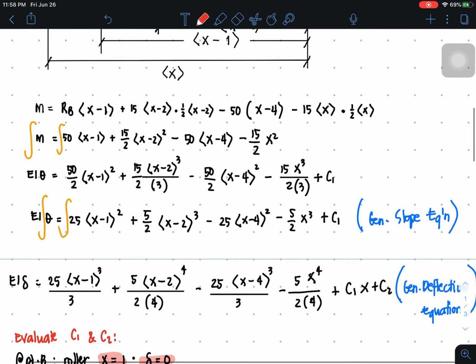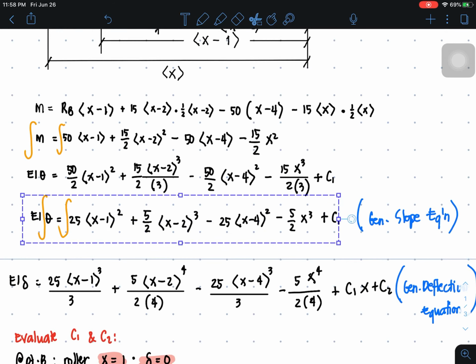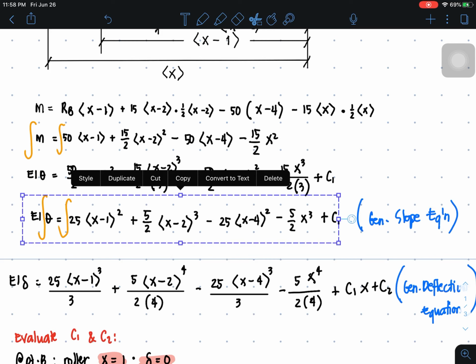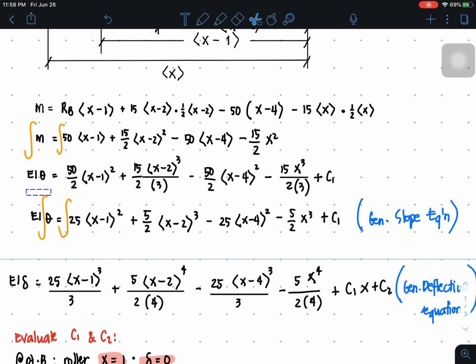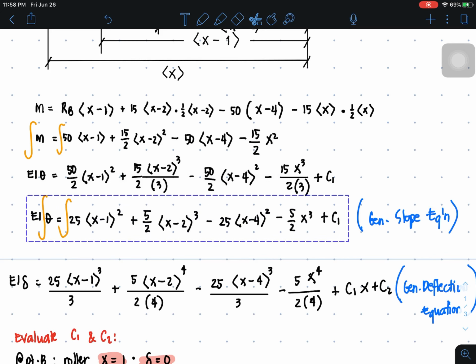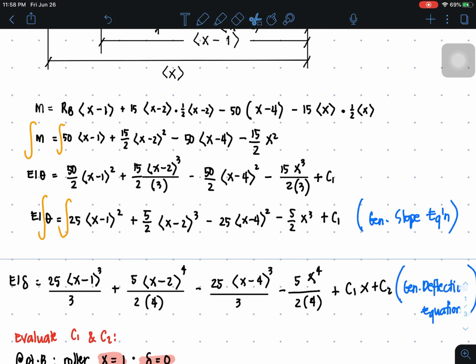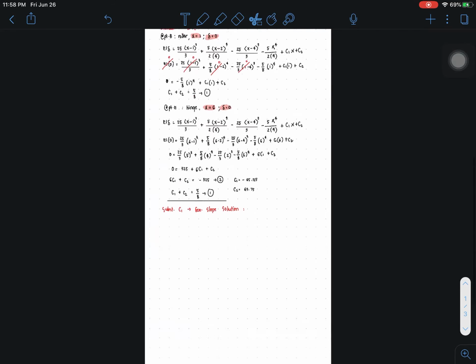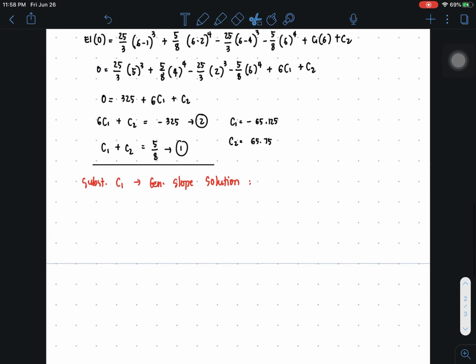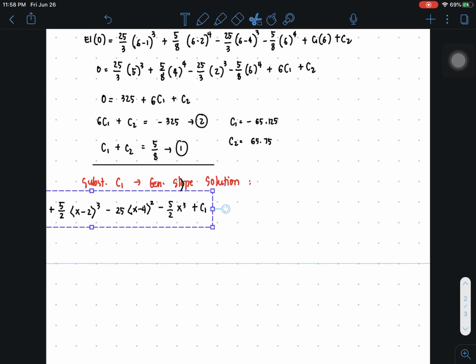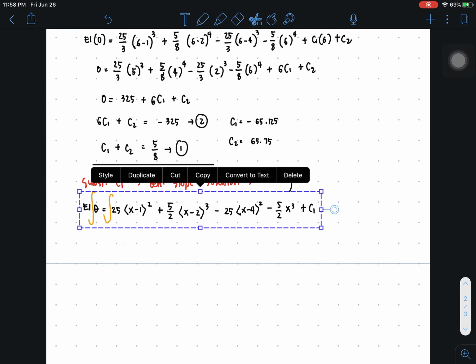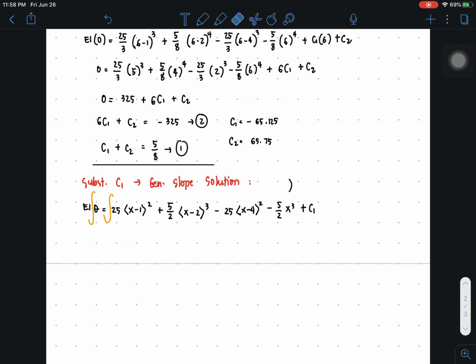Here, mani atong general slope solution. So ato ni siyang i-copy kay i-substitute nato ang C1 here. And there. Yeah, I'm gonna erase this.